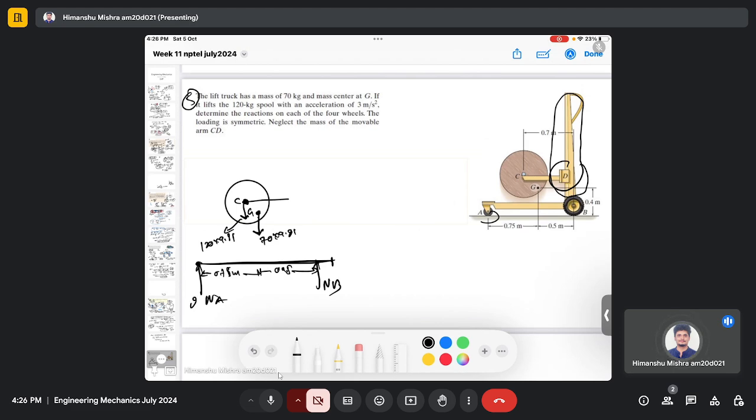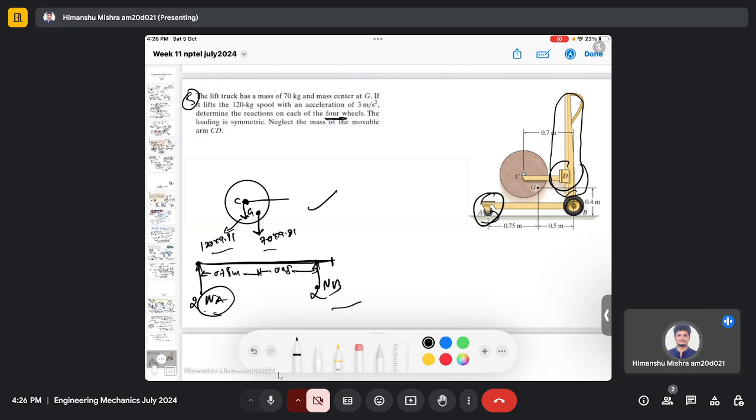And this is 2NA and 2NB because it is given in the question there are 4 wheels. So there will be 2 wheels at A and 2 wheels at B, so there will be twice the normal reaction acting here. So you can see now in the free body diagram you identify all the forces NA, NB and these 2 weights.